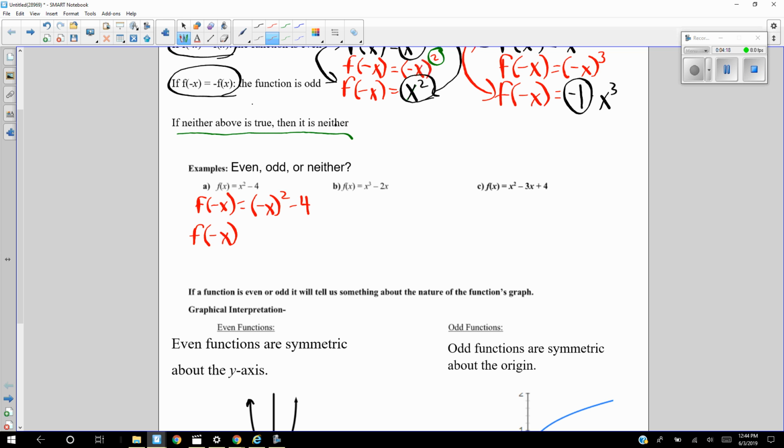If you square a negative number, you end up with a positive number. So negative x squared is positive x squared. Of course, nothing happens to the minus 4. So you'll notice the end result is the same thing as the beginning function. So this function is considered an even function. And here in a second, we're going to talk about what that means for the graph of the function.